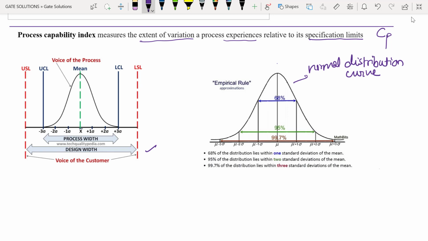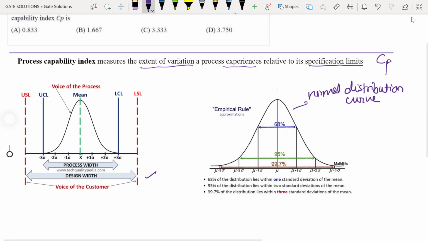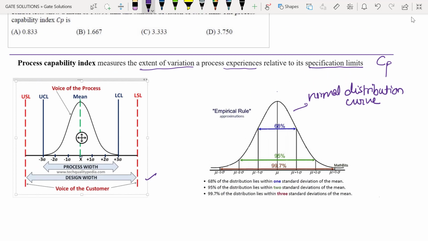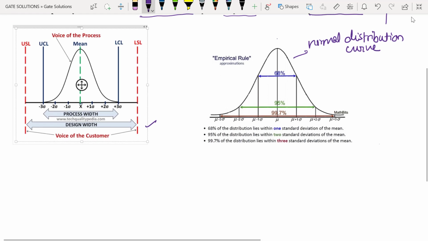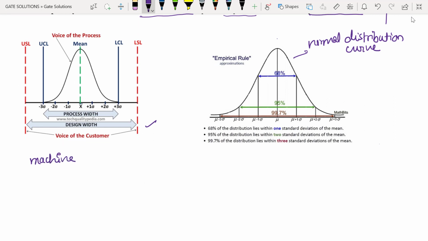Suppose we take an example similar to our question. In the question it is said that the machine produces pins of a certain diameter, that is a diameter of 15 with upper and lower limits of plus 0.02 and minus 0.02 mm.